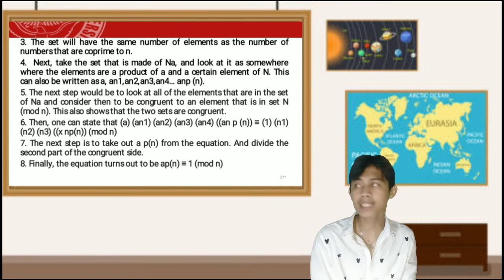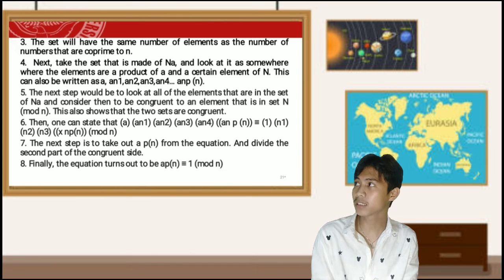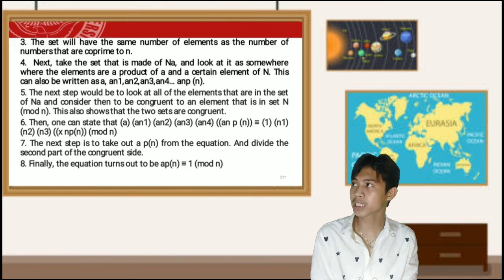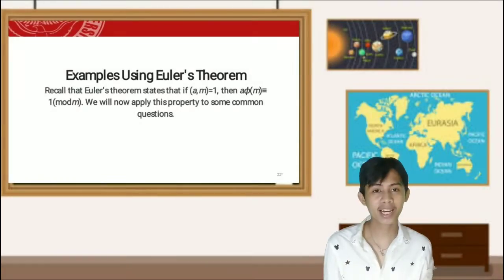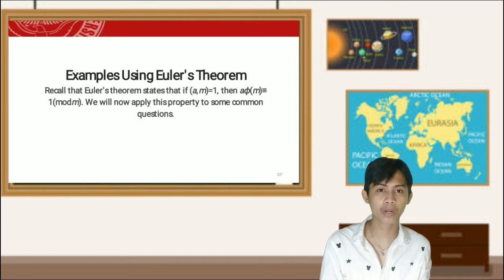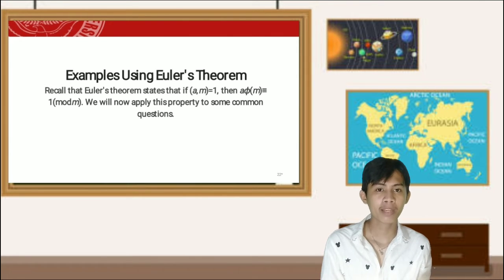Then the seventh step is to take out a^φ(n) from the equation and divide the second part of the congruent side. Then the eighth, the last one: finally, the equation turns out to be a^φ(n) is equal to 1 mod n. We are done discussing the proof of Euler's theorem, and we have discussed Fermat's little theorem and also Euler's theorem.